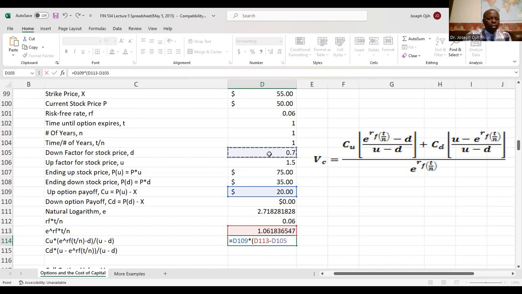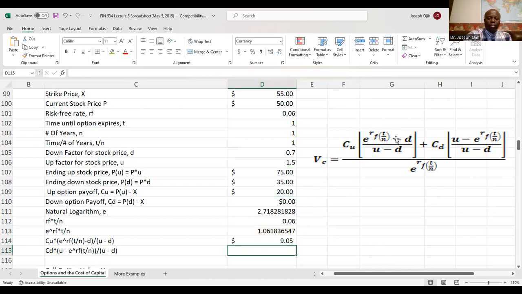Divided by U minus D, and U is the up factor. This minus that. So that will give us the result for this part. I think I missed, I'm going to put parentheses here. So divided by parentheses U minus D. Now this one gives us only this part. So I'm going to enter it.